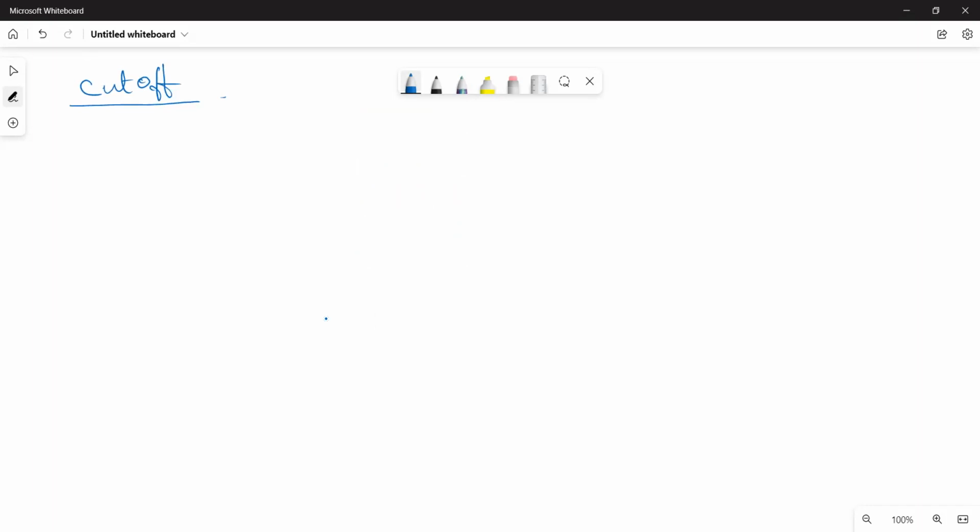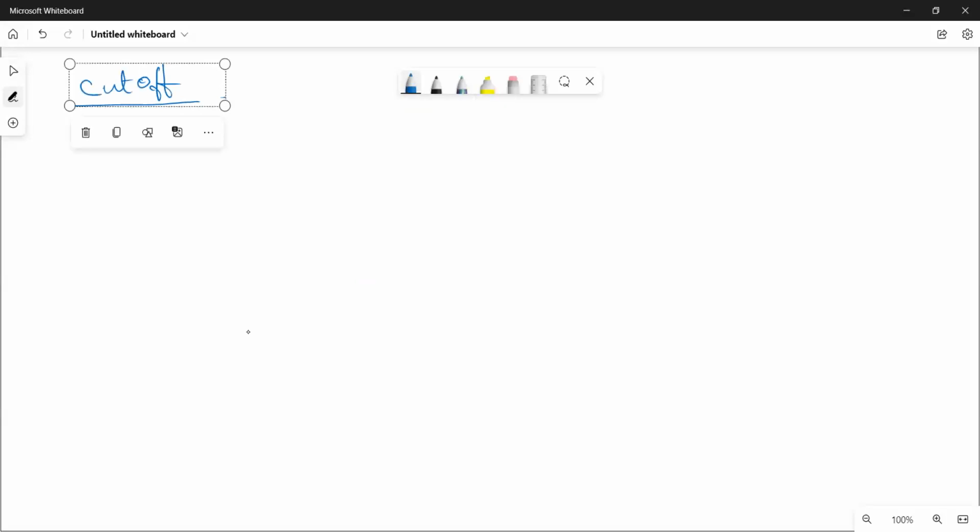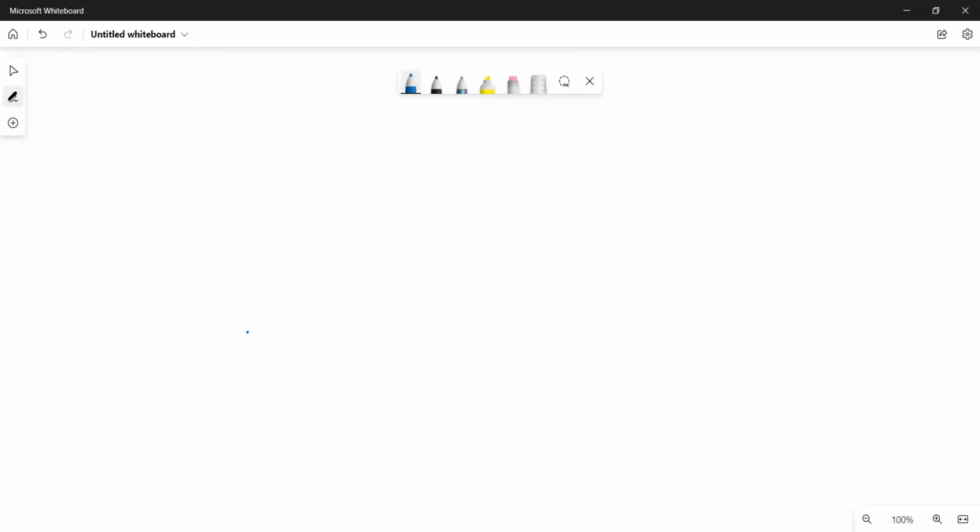Now we'll talk of this term called cutoff. But before that, let me also quickly cover the difference between linear regression and logistic regression.